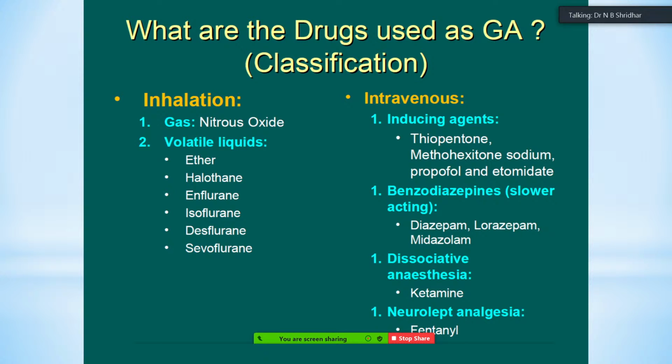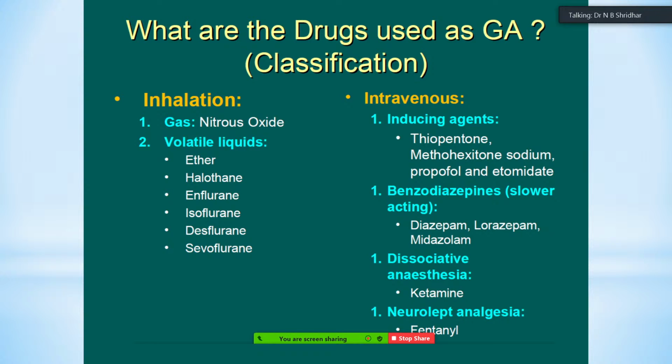The benzodiazepines are very slowly acting anesthetics, and classical examples of this category are diazepam, lorazepam, and midazolam.